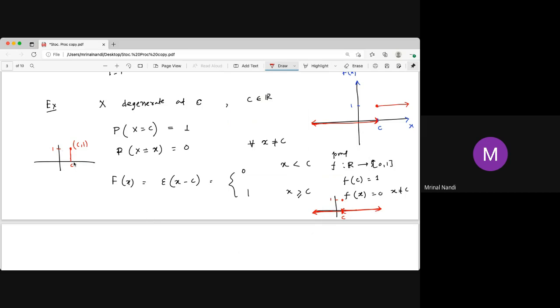Every other point is 0. A vertical line cannot be in the graph, because for the same C there cannot be different outputs. It must be the graph of a function. So some books write the mass function like that.